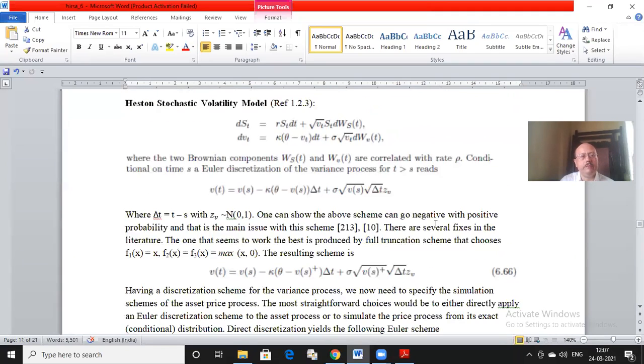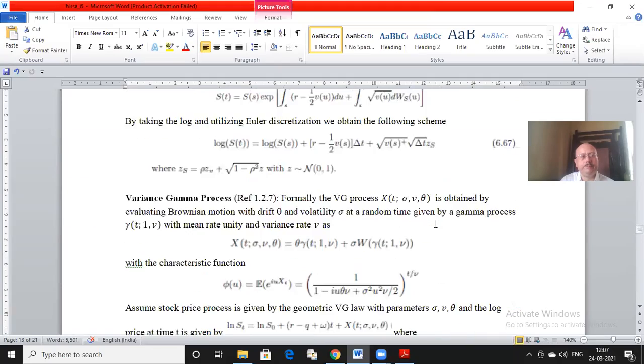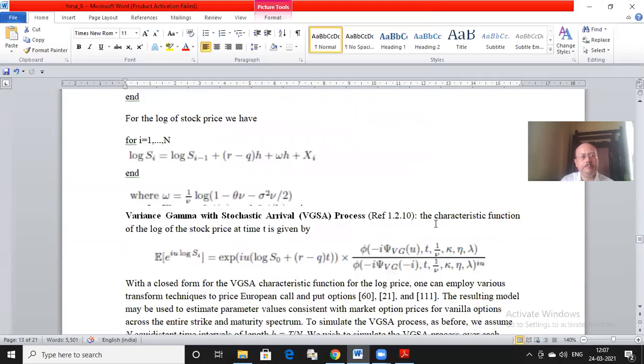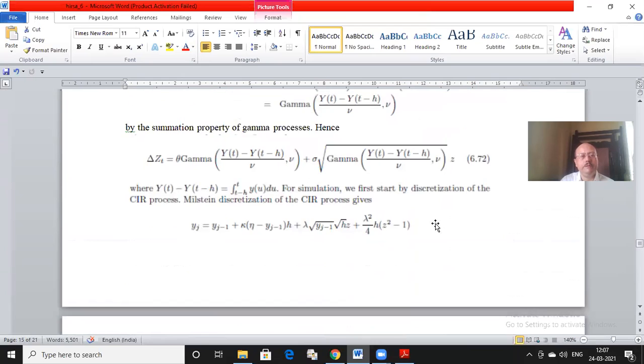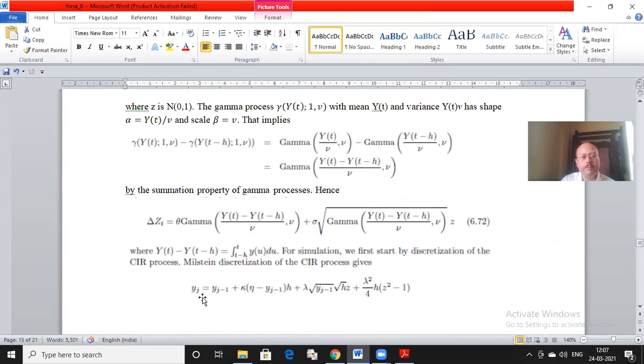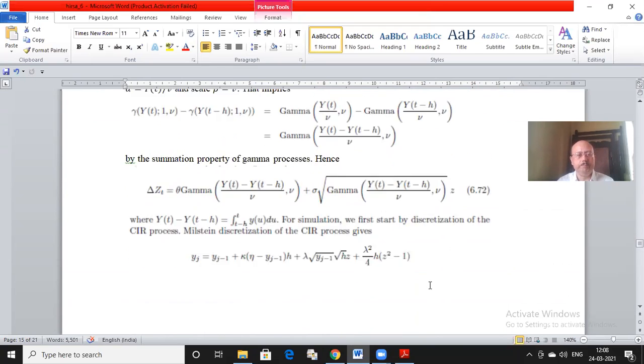So in case of the CIR process, this will be yj equal to the initial value, this is the dt term, this is the dw term, and then I have the second derivative term, lambda square by 4 h times z square minus 1. So that is my full CIR discretization scheme.